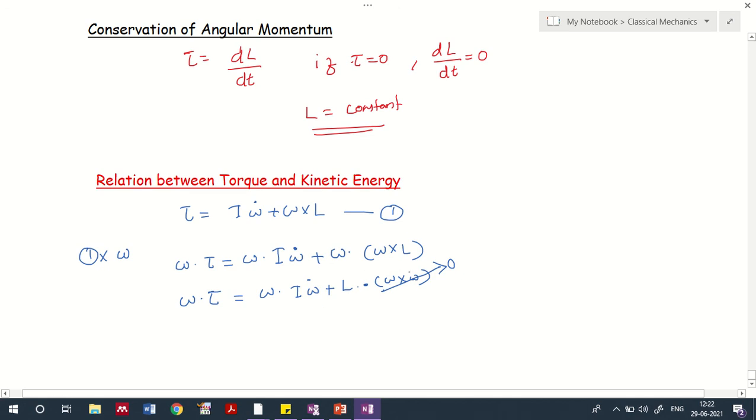If you rearrange it like that, and omega is operating on omega, then this term becomes 0.